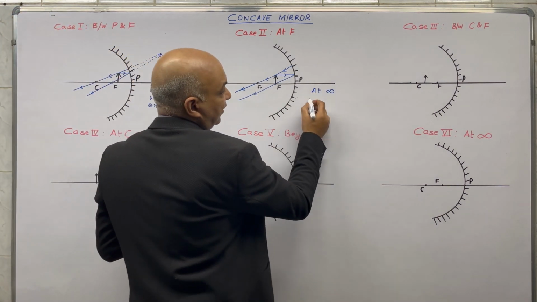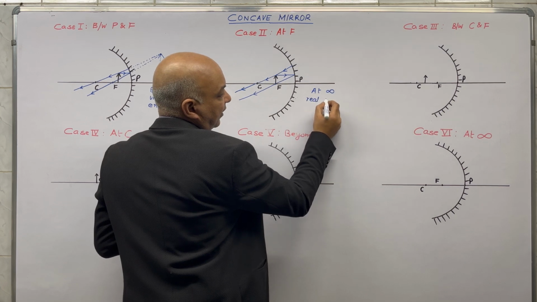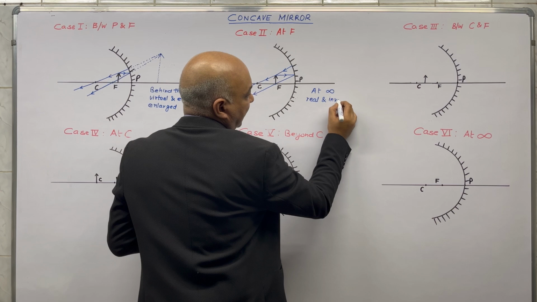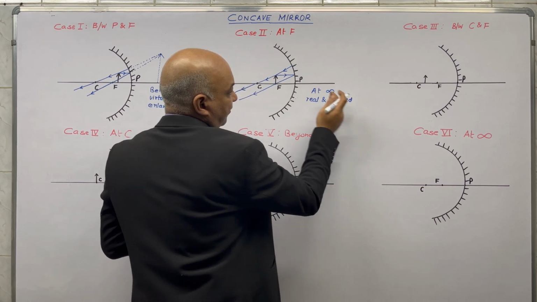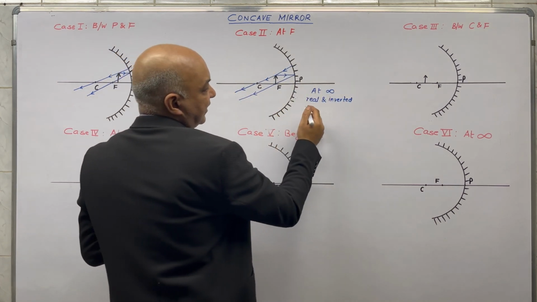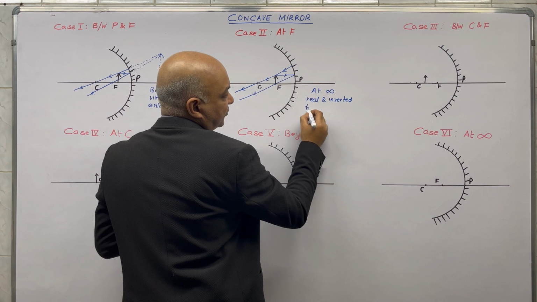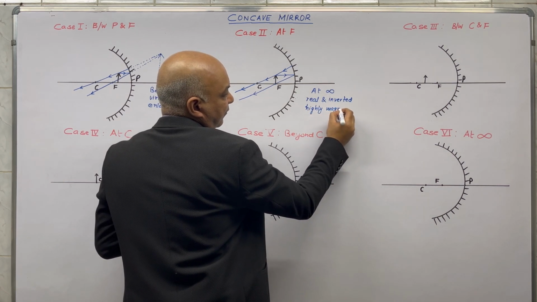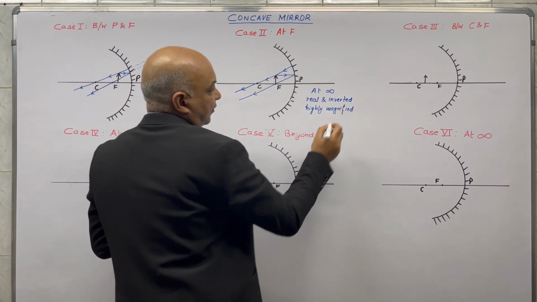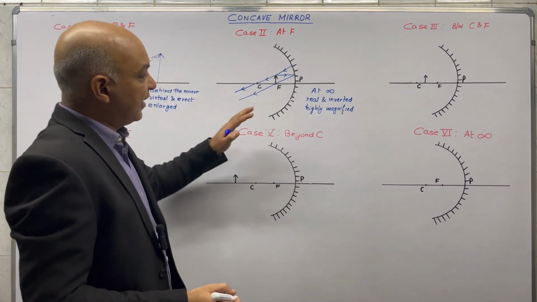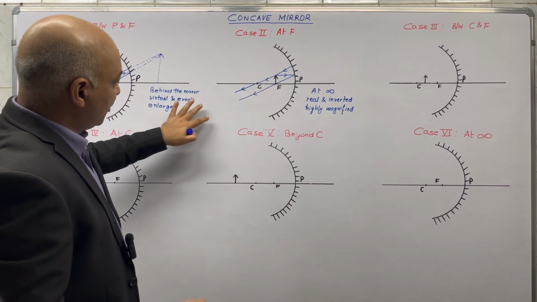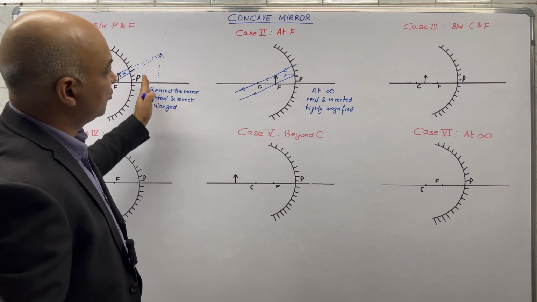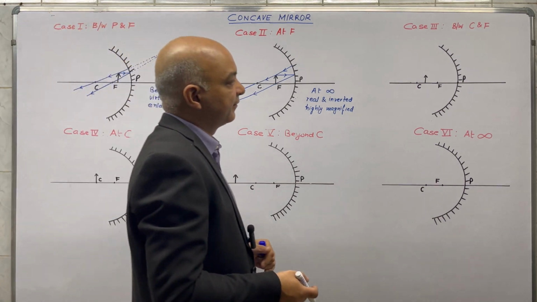It is going to be real because formed in front of the mirror, and inverted because it is formed below the principal axis, and it's going to be highly magnified. So by highly magnified, we mean that image is going to form somewhere far from the mirror, so it is going to be highly magnified.